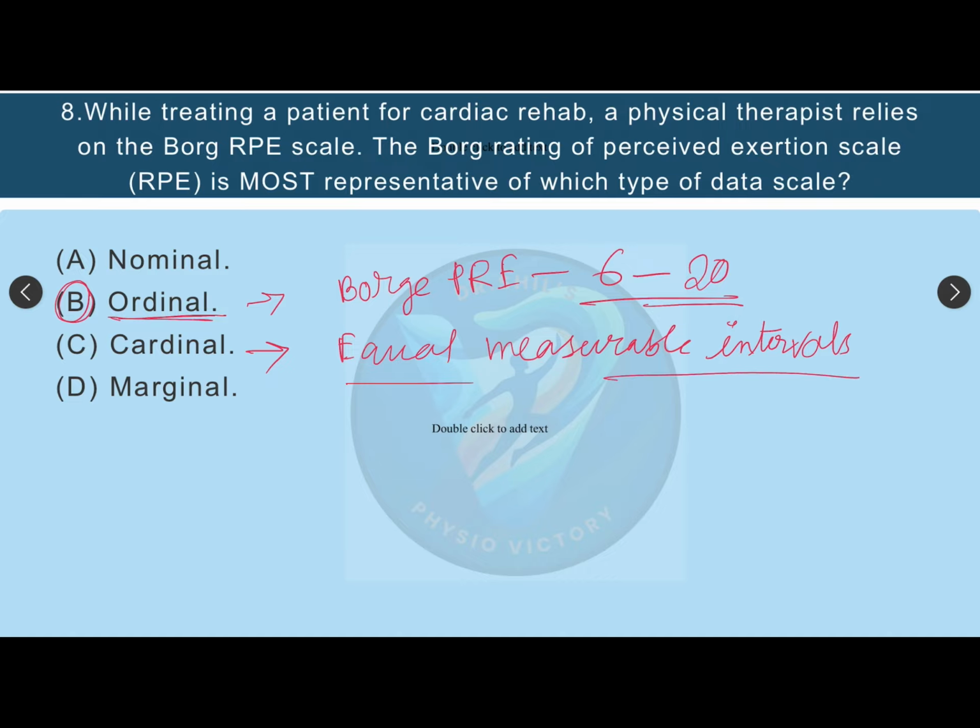And nominal, there should be no ranking. Example, blood group. Marginal is not a valid data scale.